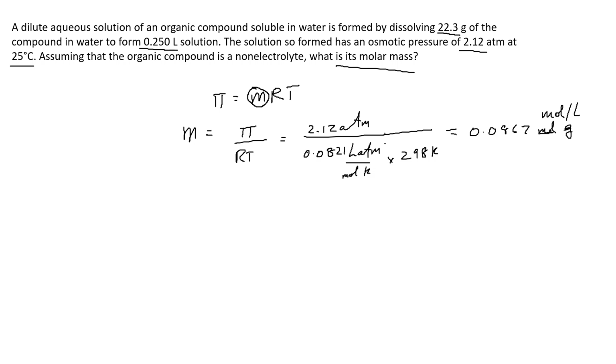The reason is that the atmospheres will cancel, the Kelvin will cancel, so you're going to have 1 over liters per mole, which is the same thing as moles per liter.